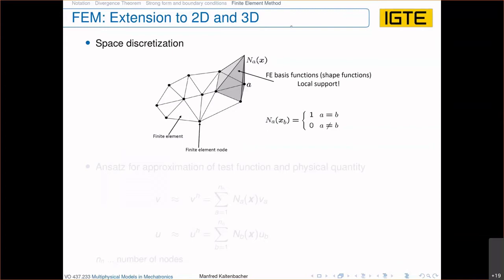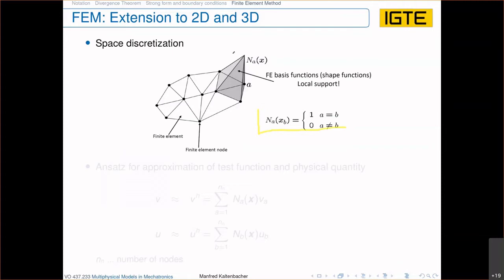The property we need for our test function is the so-called local support, which means in this sense that we have this property here, that when we evaluate such a basis function exactly at a node position, it is equal to one there.